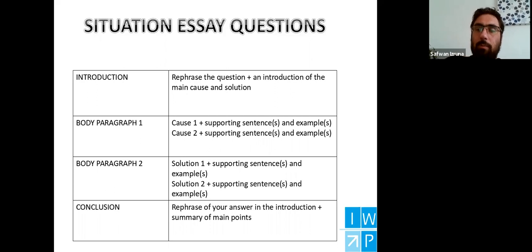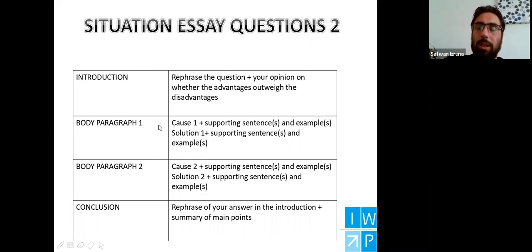Okay, now, there is a better way of dealing with this, and I think it is tying the cause with the solution. So we could say, one of the main causes of this problem is, and then we present it, support it, and so on. And directly after, we offer a solution for it. We automatically offer a solution for the cause of the problem.